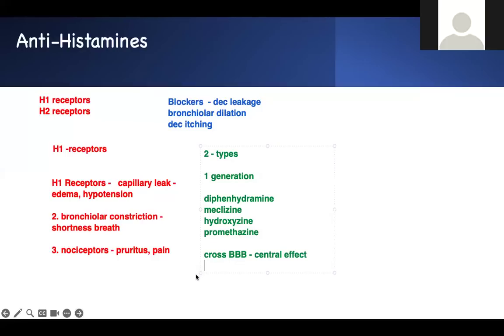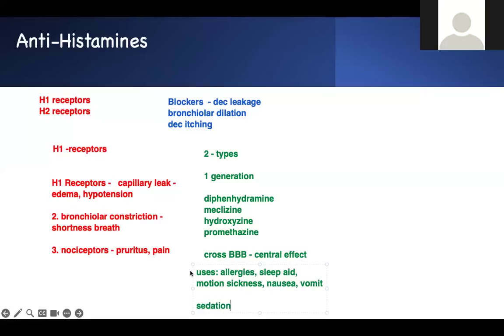So what do we use them for? Usage is for allergies, right? We use it for allergies. We use this as a sleep aid. We can also use it for motion sickness. We can also use it for nausea and vomiting. Why? Because they cross the blood-brain barrier, and so they cause sedation.